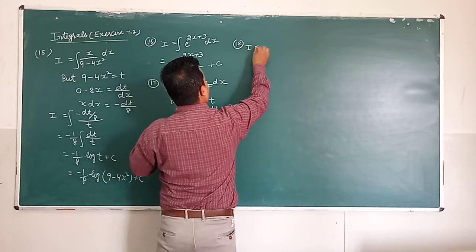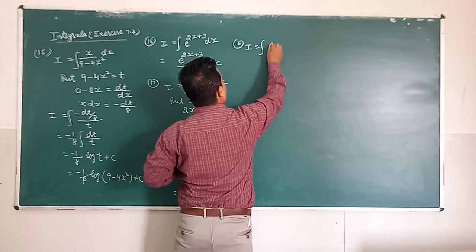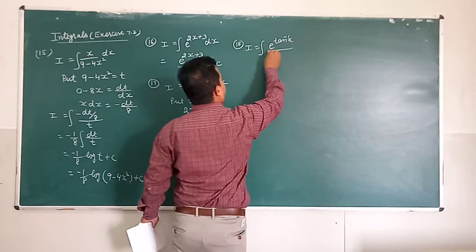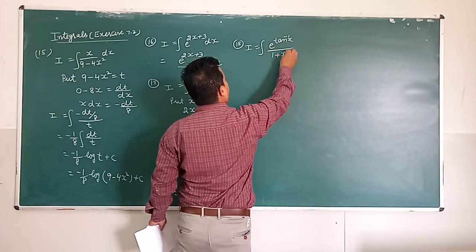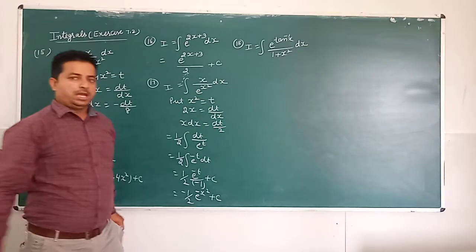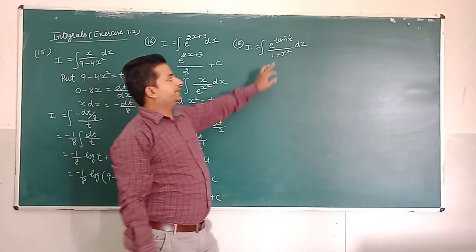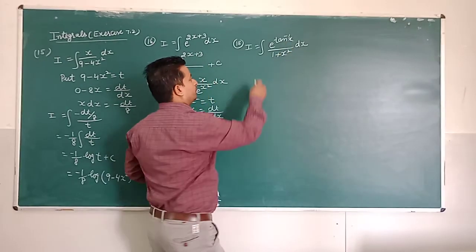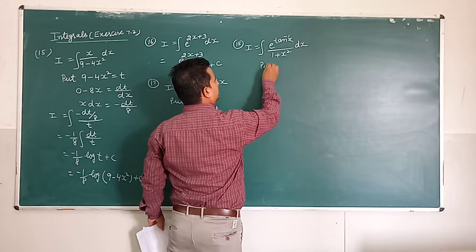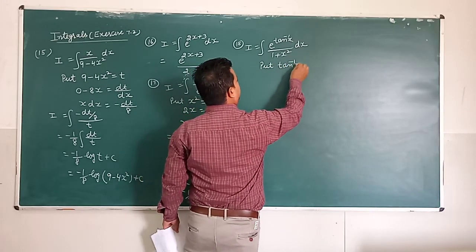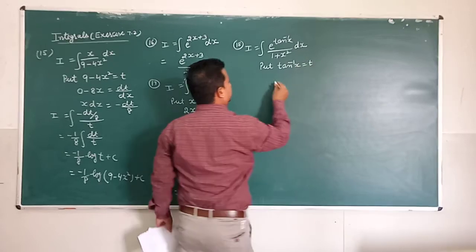In question number 18, the statement is e power tan inverse x upon 1 plus x square dx. As we know, differentiation of tan inverse x is 1 over 1 plus x square. For this, first we put tan inverse x equal to t.